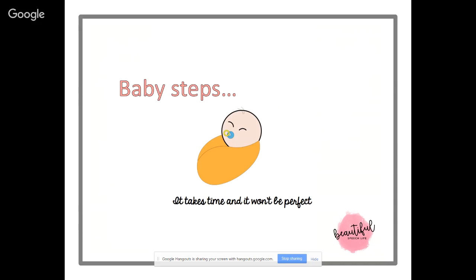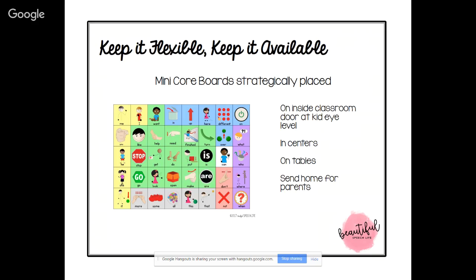Remember, it's just baby steps. It's going to take a lot of time and it's not going to be perfect, but it's going to be progress. I like to have mini core boards strategically placed. This is the same as the big one, but it's an 8.5 by 11 version that I laminated. Think of the places where you could put it in the classroom, maybe on the inside of the classroom door at kid eye level.